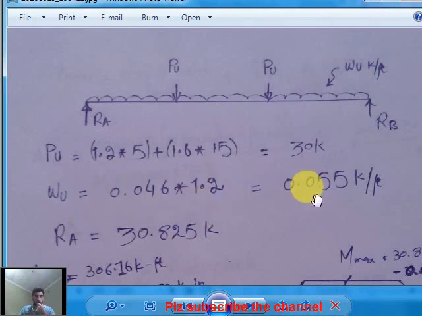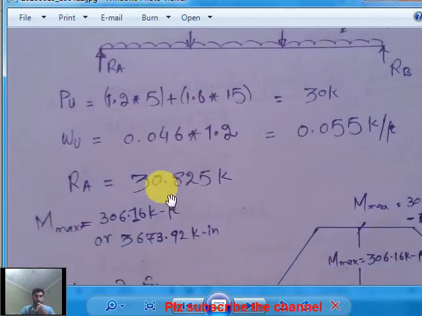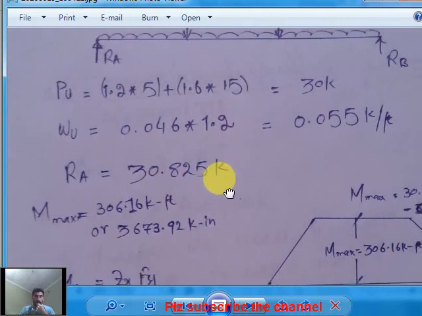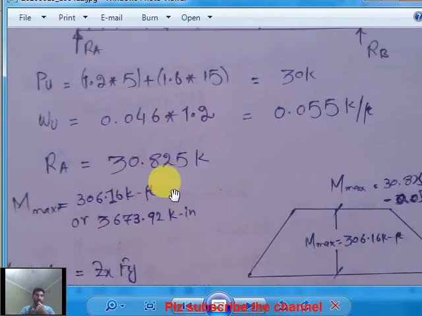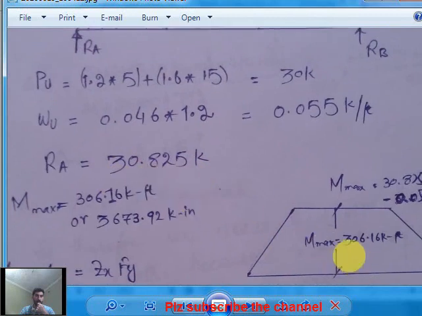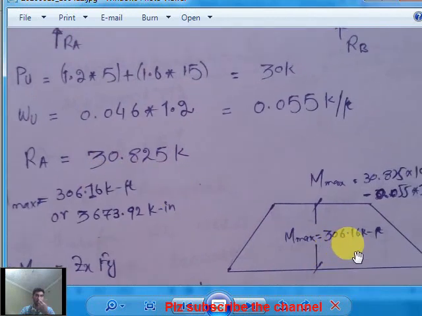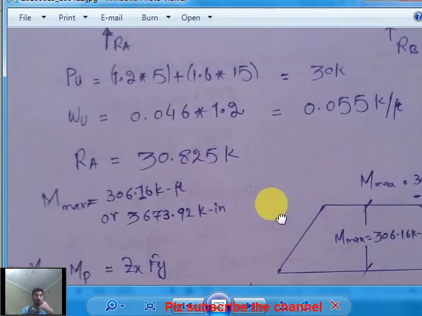Now the reactions are different, clear, so draw a new moment diagram, okay, because it is a little bit greater. Without beam weight we had 300 kip-feet moment, and now it is 306 kip-feet, so the moment is larger.